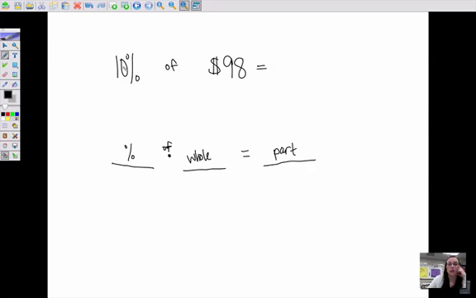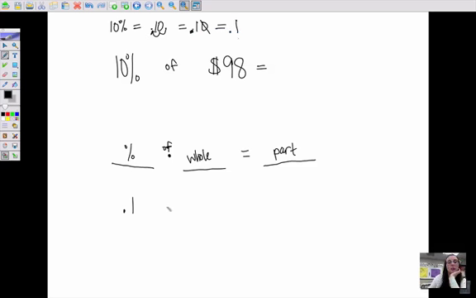Okay, so if I'm trying to find 10% of 98, obviously I'm not going to multiply 10 times 98 because that would get me 980, which is not small enough. Obviously, if I'm trying to find a 10% tip, I need a small number. So what you're actually going to do is convert this to a decimal. So that'd be 0.1. If you forgot how to do this, percentage to decimal, you just take the number and move the decimal 2 times to the left and then drop any extra zeros at the end.